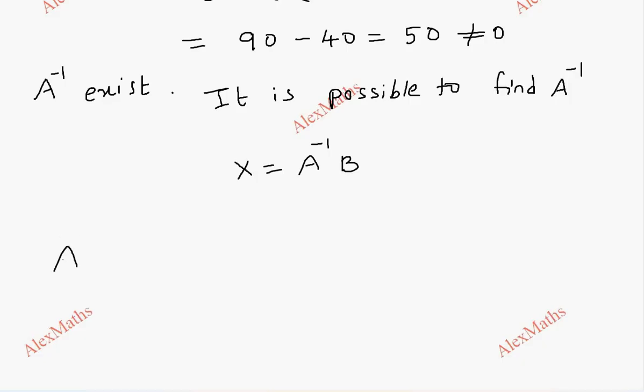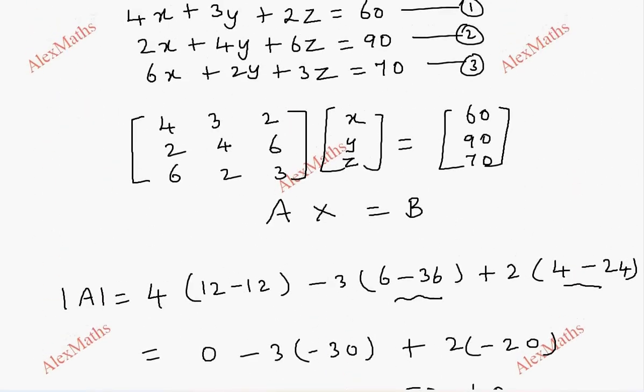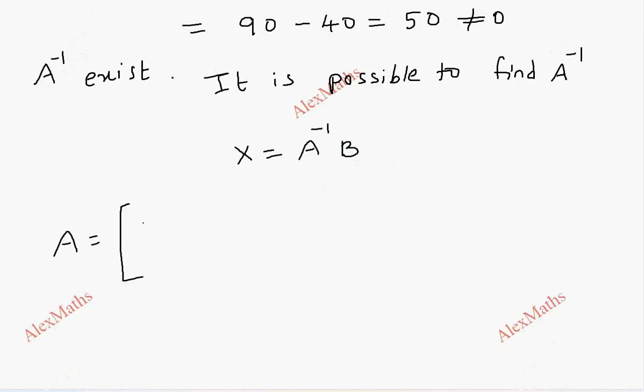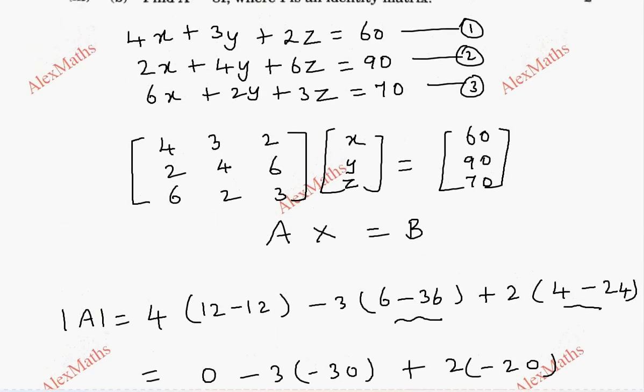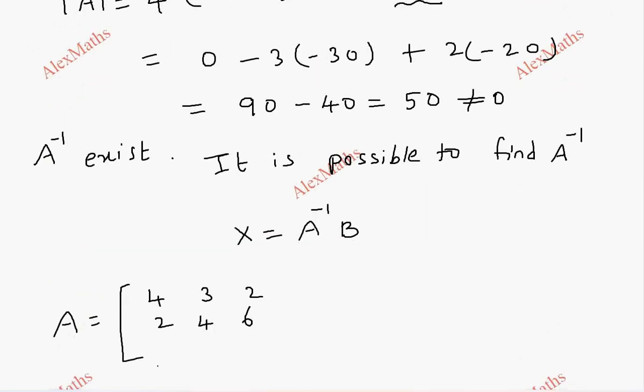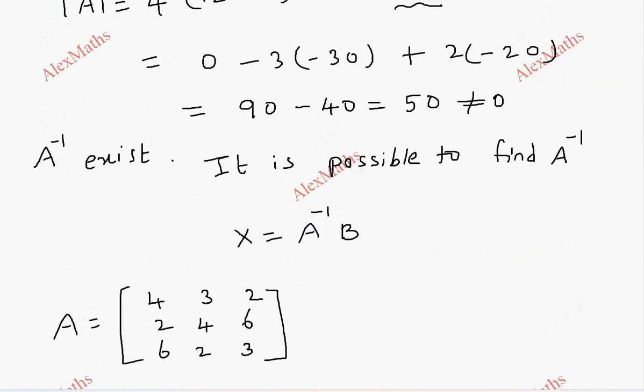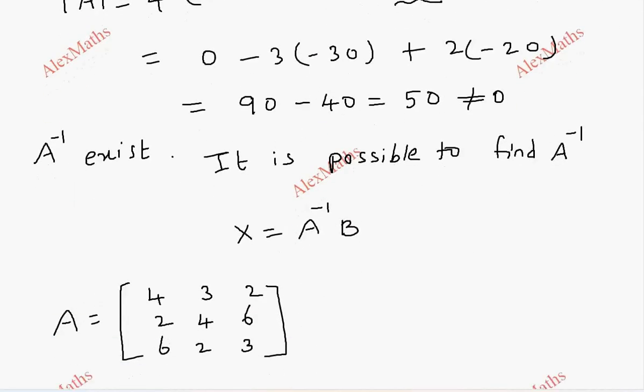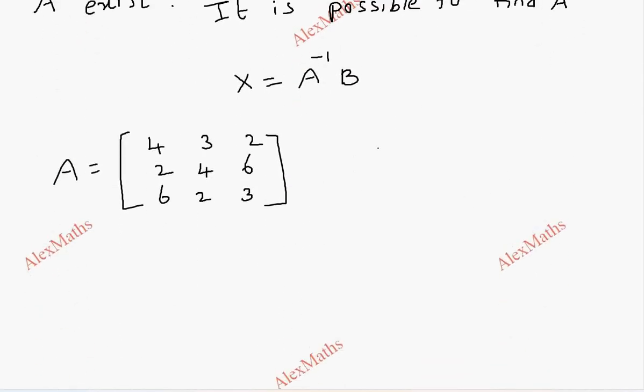So let's copy the matrix A here, which is actually 4, 3, 2, 2, 4, 6, 6, 2, 3. Now we have to find all the cofactors. So I am going to find the cofactor matrix.